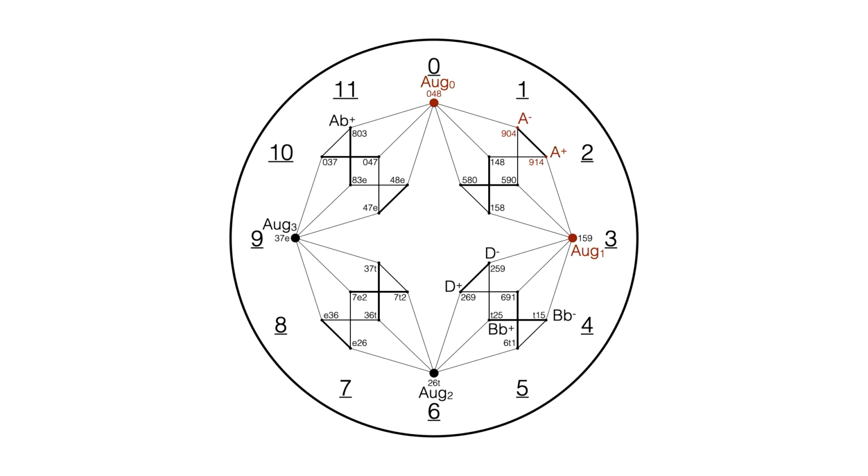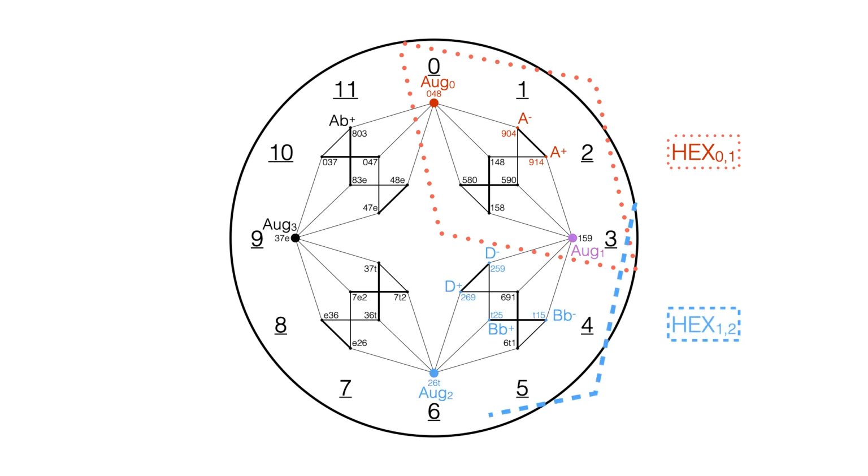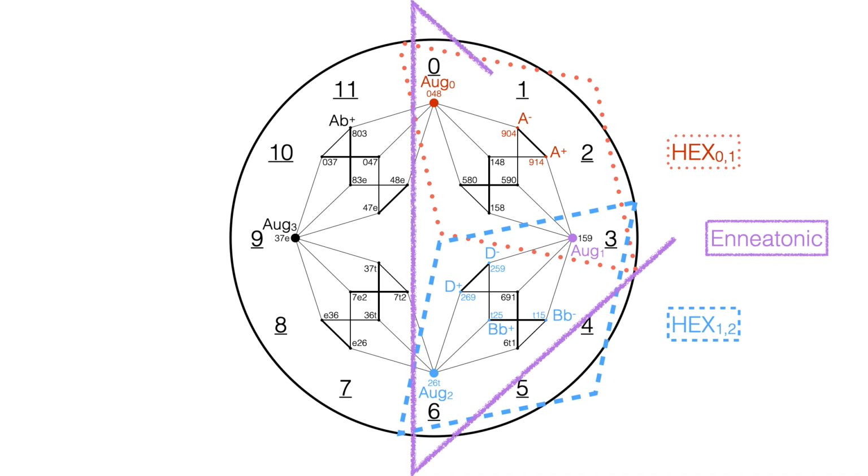Large harmonic regions are defined by two of the four hexatonic collections, and by the enneatonic collection that subsumes them.